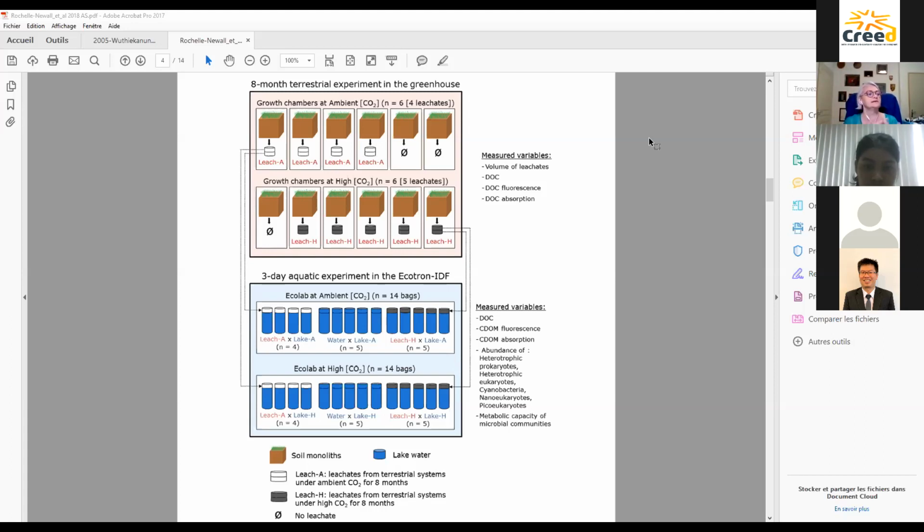And here is an example of an experiment that we did, where we incubated water in greenhouses and then in experimental lakes. Here we have the pictures of the different greenhouse experiments with the different measurement variables, the experimental lake variables, the measurement variables. You can have nice little diagrams like this.